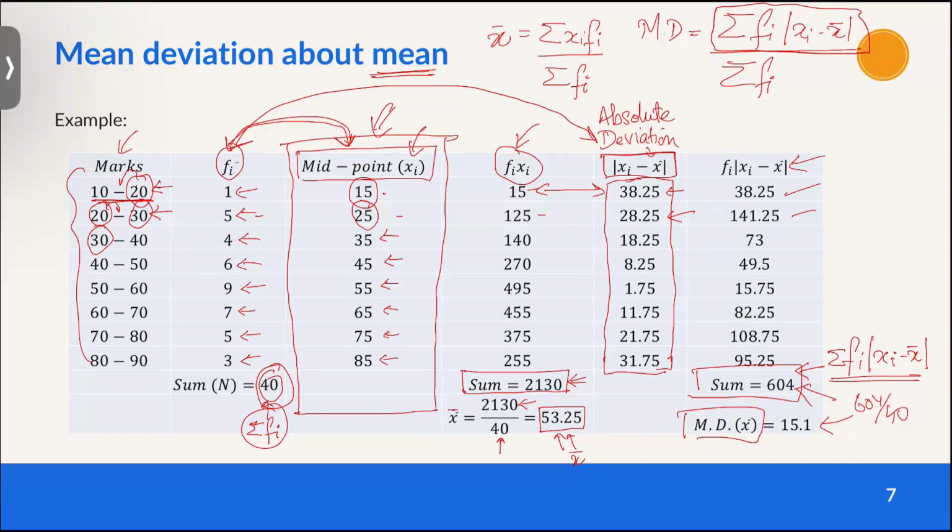We multiplied fi with the midpoint and we took the deviation of each midpoint from the mean. And for calculation of the mean also we used these midpoint values. So this is the only extra. Everything else is the same. You can go back to the previous lecture and check that everything is the same, only we have to calculate the midpoint.